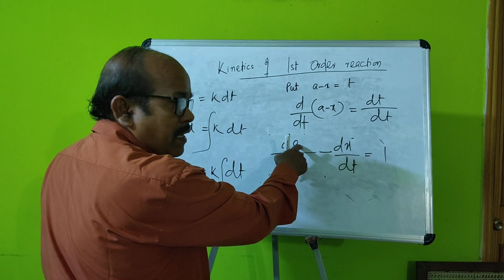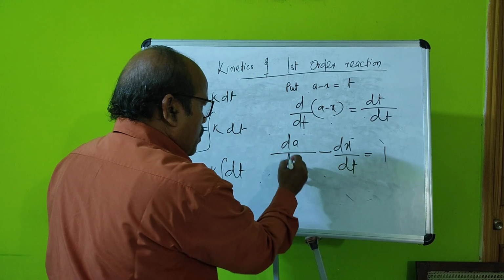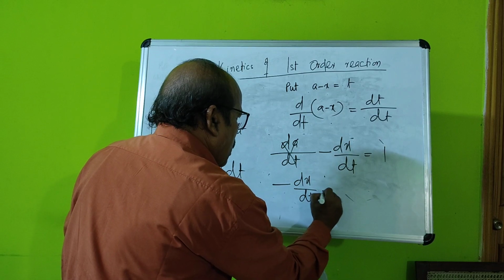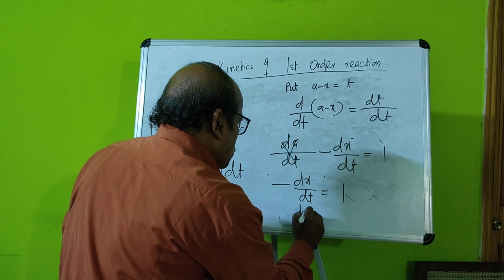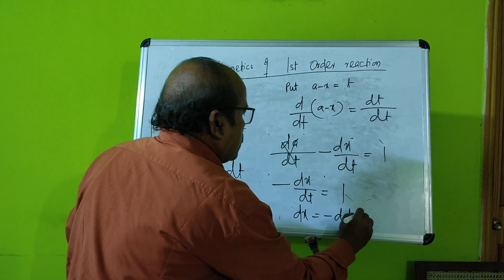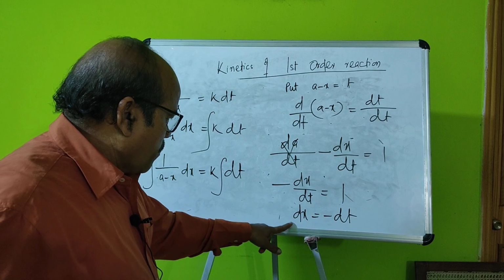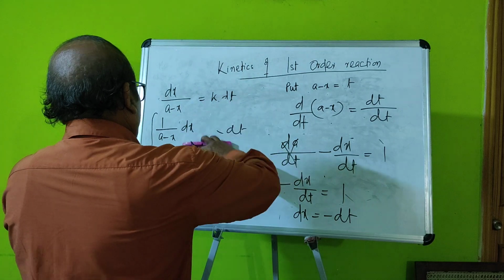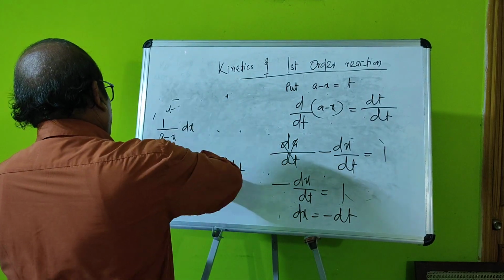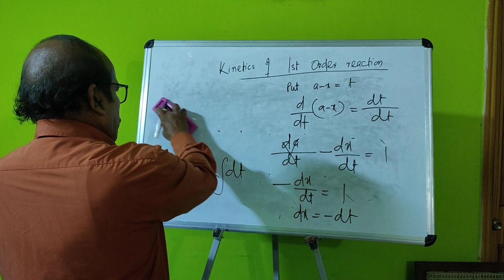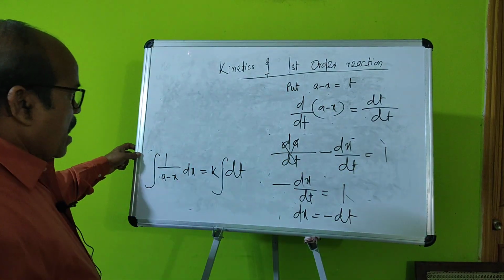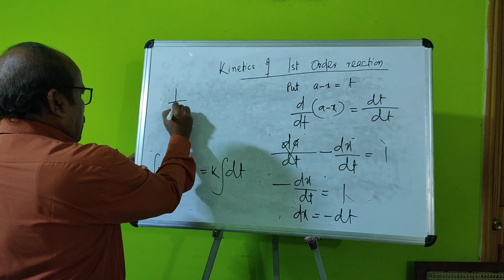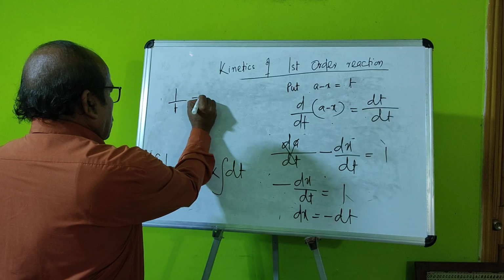Differentiation of a constant quantity a is 0, so minus dx by dt is equal to 1, or dx is equal to minus dt. Now I shall put the value of dx as minus dt in this equation. I have put a minus x as t, so 1 by t, dx is minus dt.